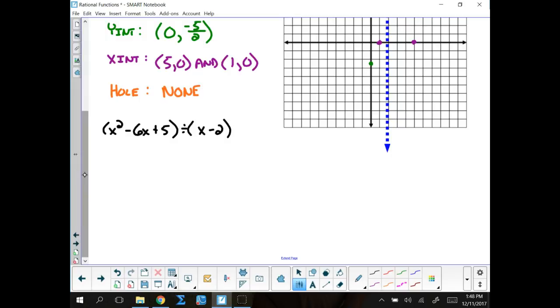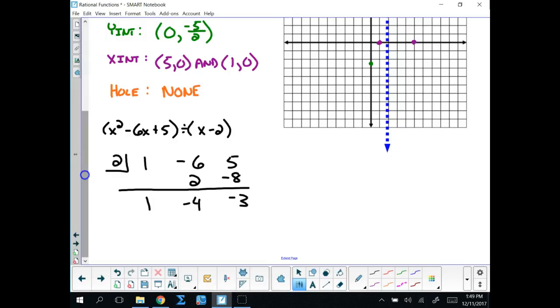Can I do synthetic division? Yep, I can. Okay, so that's going to be 2 there, 1, negative 6, and positive 5 there. Drop it like it's hot. Multiply, add, multiply, add, and then I do what?